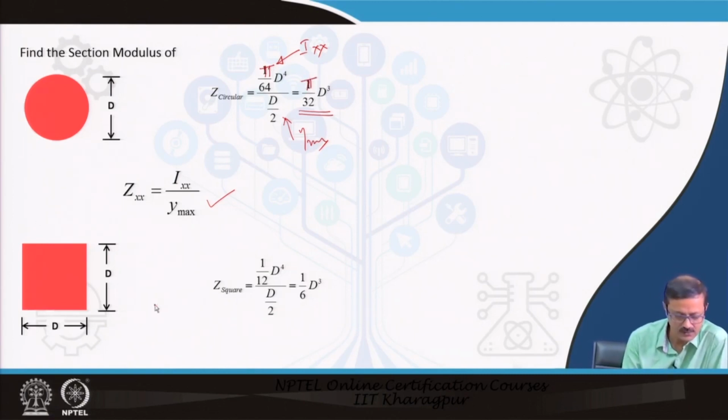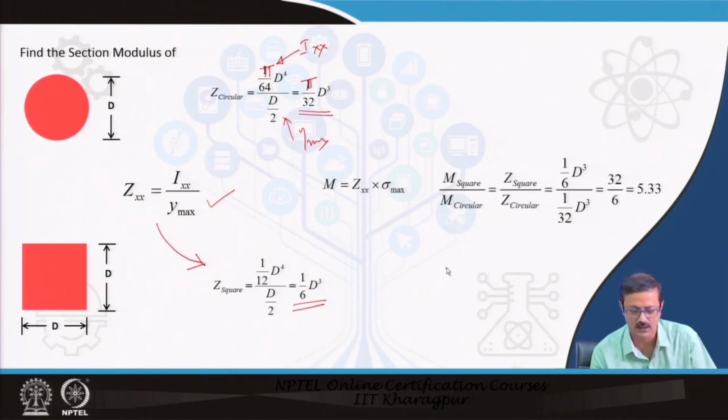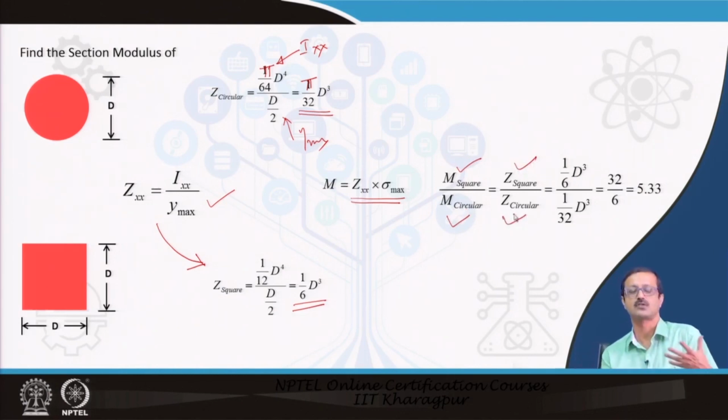Similarly, in case of the square section, Z is 1 upon 12 d to the power 4 divided by d by 2, so 1/6 d to the power 3. Now these two can be compared. The moment is Z into sigma max. So the moment of resistance of the square over the circular will be the Z of the square by the Z of the circular, because sigma max will be the same for the same type of material.